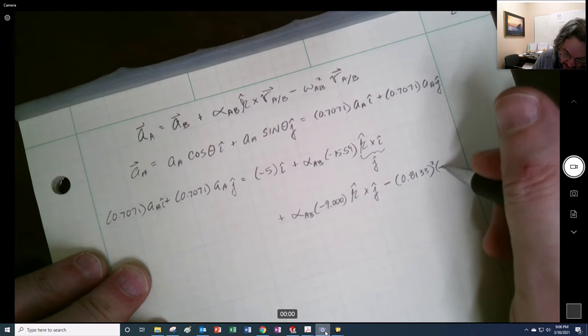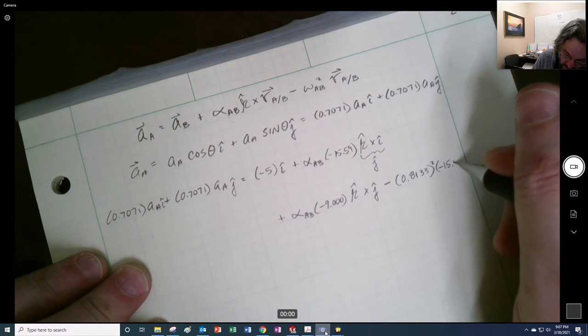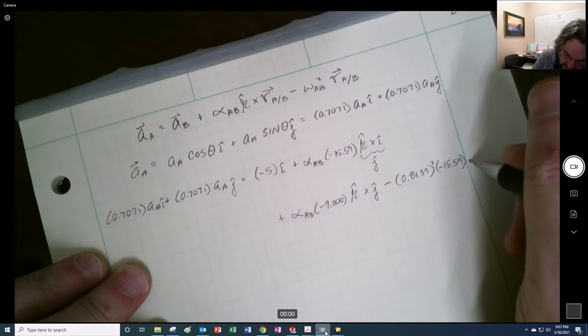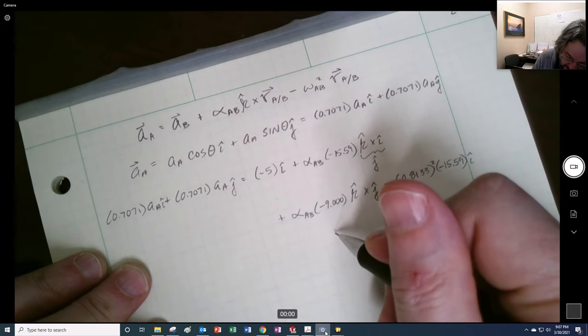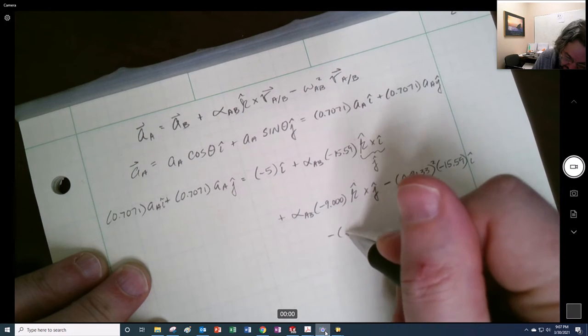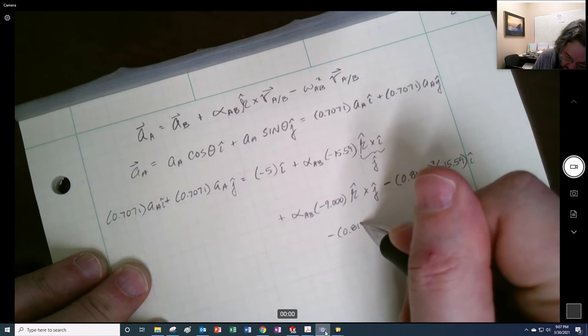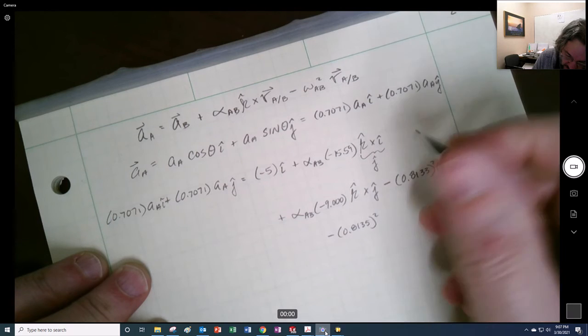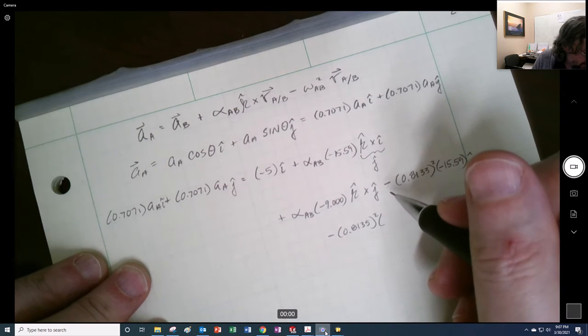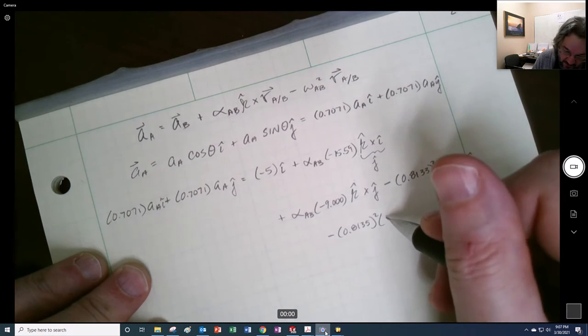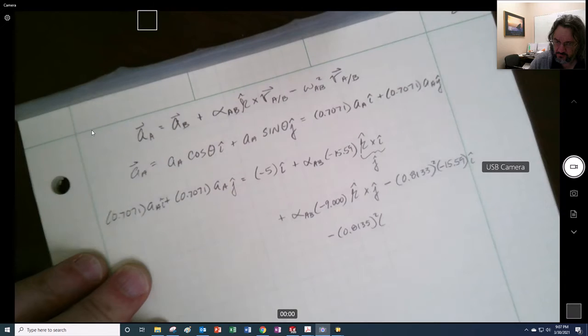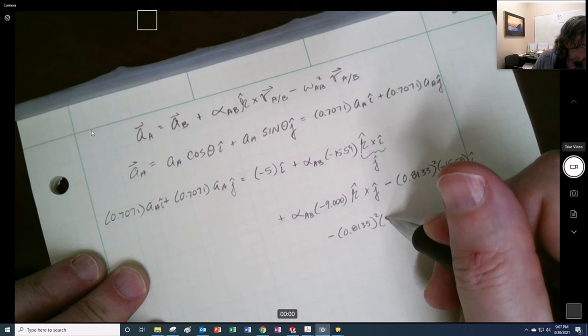It's going to be negative 15.59 i, and then lastly minus 0.8133 squared times our j position vector here. Let's see, come back. So that's going to be negative 9.